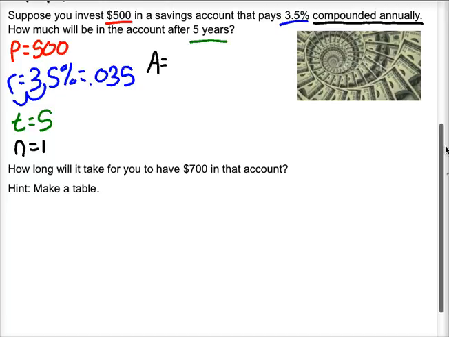So let's plug all of that in. 1 plus R over N, to the N times T. And again, I would just get a single number for my exponent. So I would take 1 times 5, and I would just call that 5.